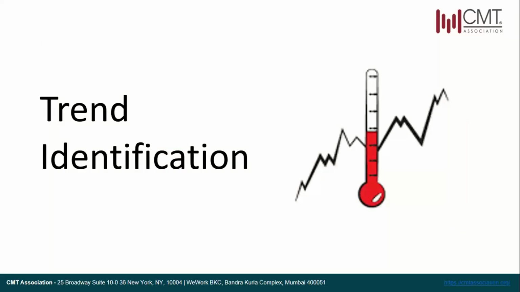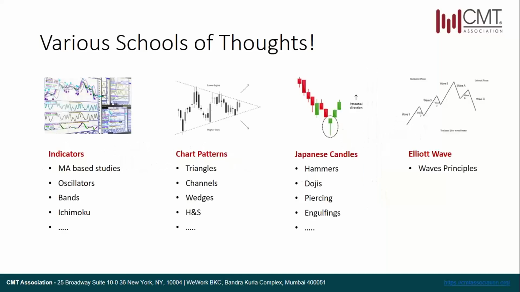So now comes the main part of the presentation, which is regarding trend identification. When we talk about trend identification, there are quite a few schools of thought in the technical arsenal. Basically, there are a lot of indicators like moving averages, oscillators, bands, Ichimokus, and so on.